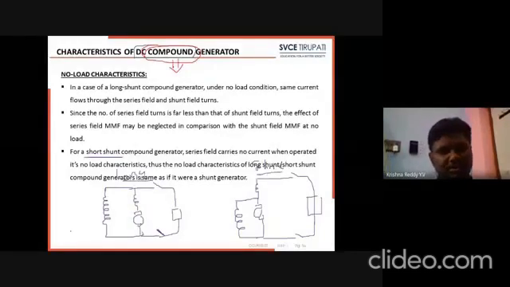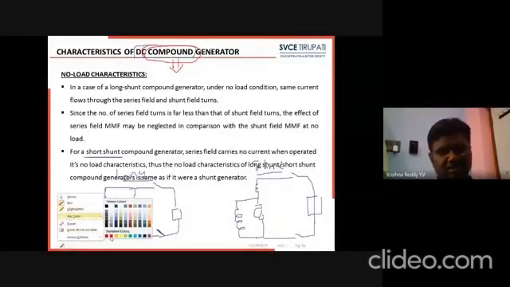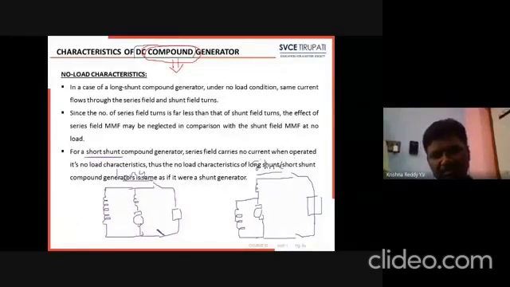Now, how can we get the characteristics of this long shunt and short shunt compound generator? Before applying the load, what is the current flowing in the shunt field winding, series field winding and armature winding?